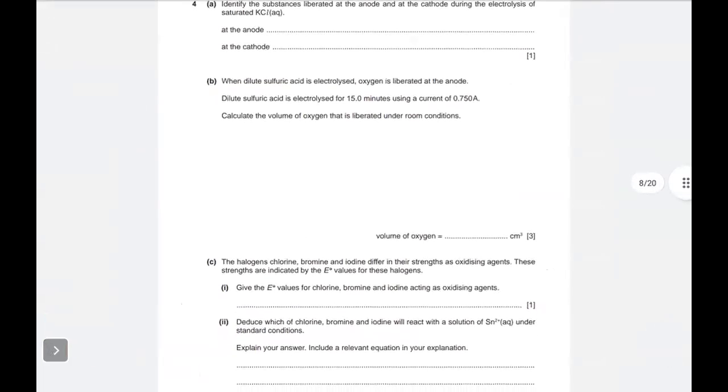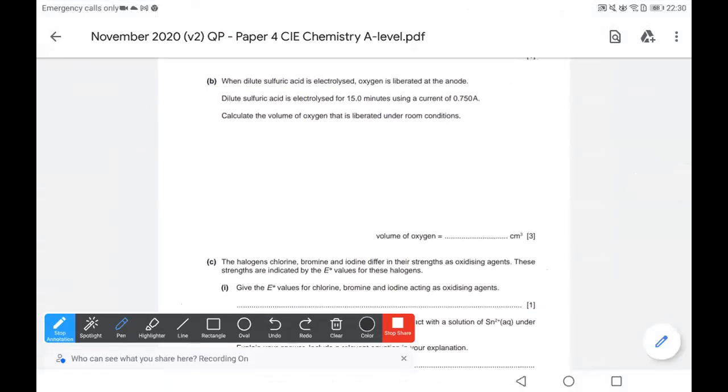We will do the question. Let's take the reaction. At the anode, water oxidizes, gives electrons out, and forms oxygen and H+. So 2H2O gives O2 plus 4H+ and 4 electrons.